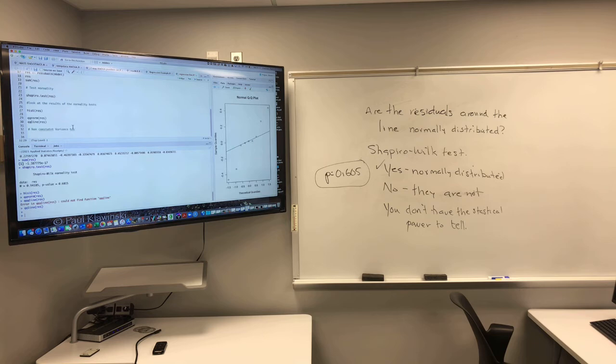You can run it using the following code that I did not expect you guys to find, because you probably weren't even aware of this test. The syntax for it is ncvTest, and then whatever your model is.